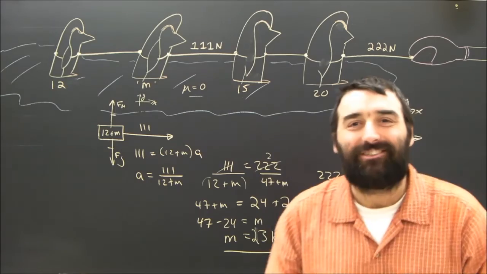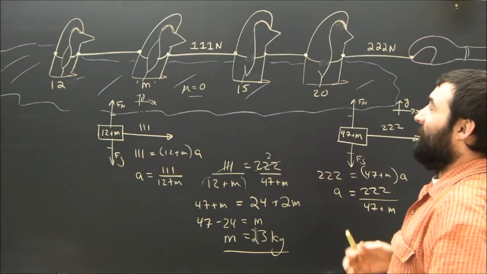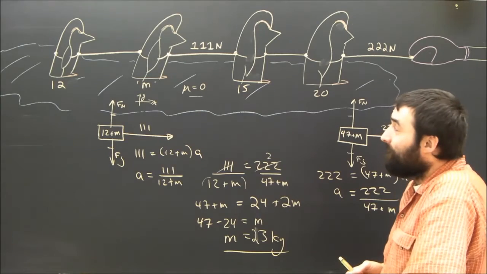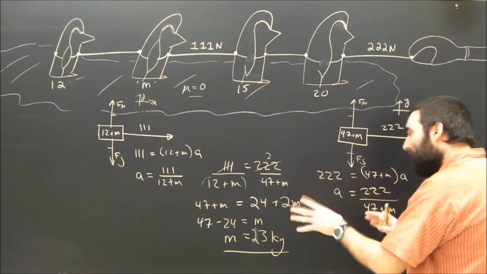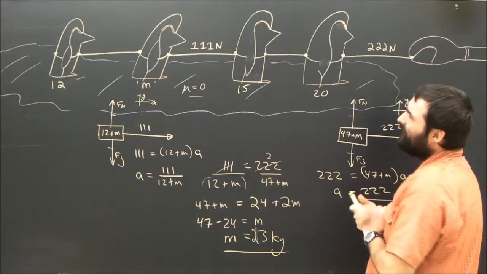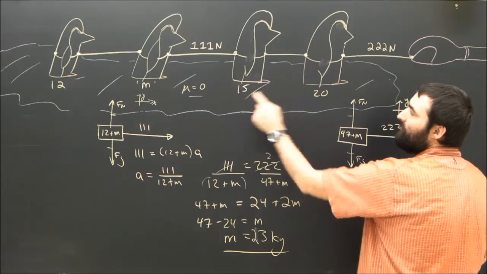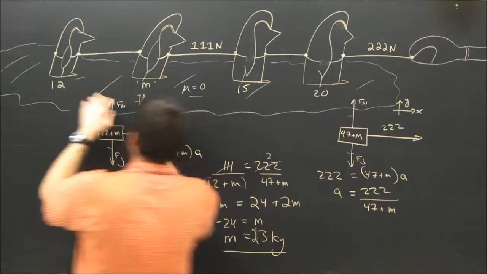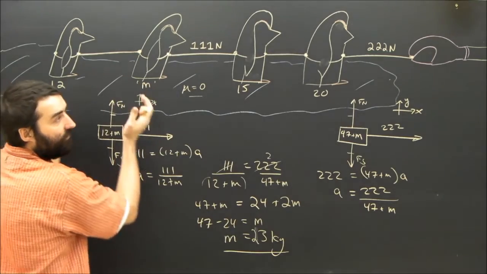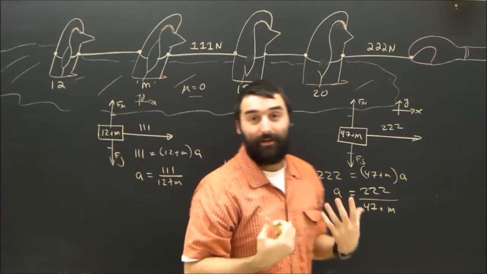Some students can just look at this problem and know right away that the mass is 23, or almost right away. I'm not one of those people, but some people can. And knowing that the answer is 23, you should be able to look back at this and see why that makes sense. Look, these front two penguins have a combined mass of 35. 23 and 12 is also 35. Is that a coincidence that the front two penguins have the same mass as the back two penguins?